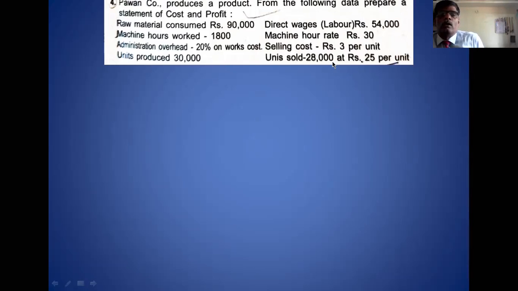There is a difference of 2,000 units. Am I right? Units produced is 30,000, but sold is 28,000. There is a difference of 2,000 units. What does it mean? Do you know something about it?